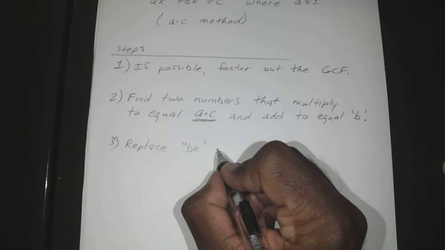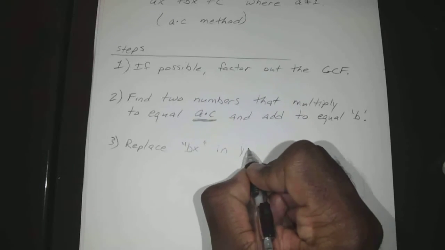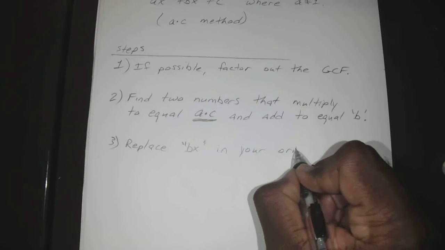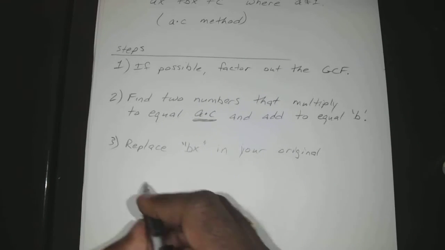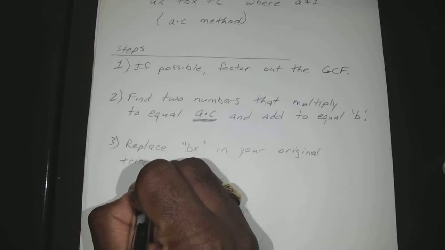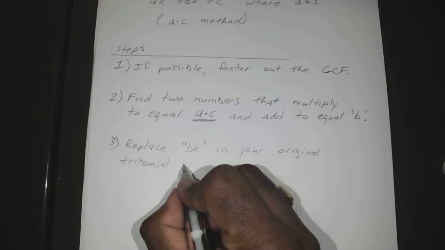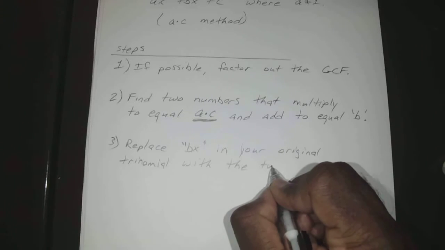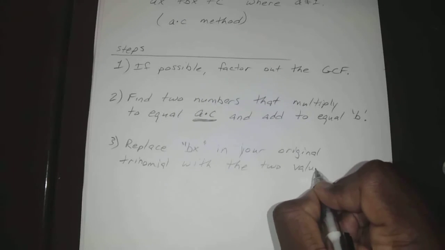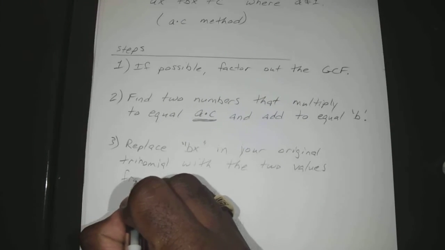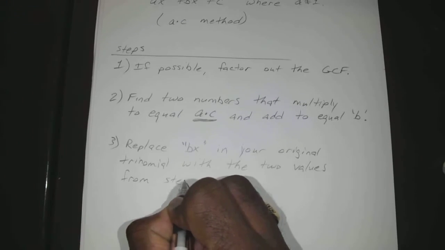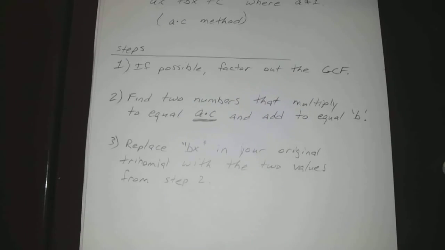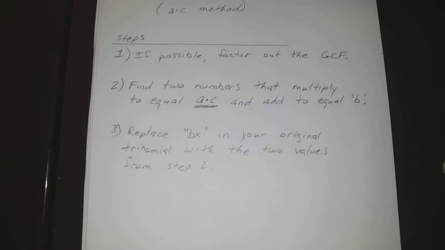So replace whatever your bx is in your original trinomial with the two values from step 2. Then once you do that, you'll now have 4 terms, and you can use factor by grouping.